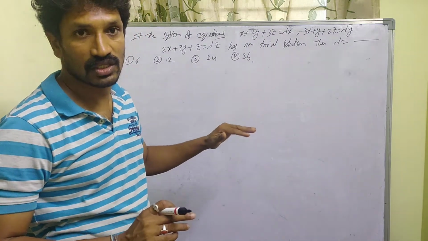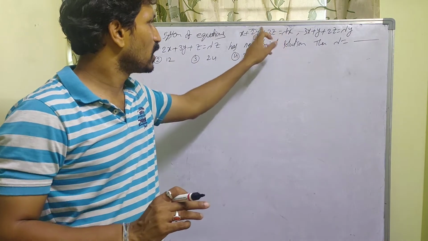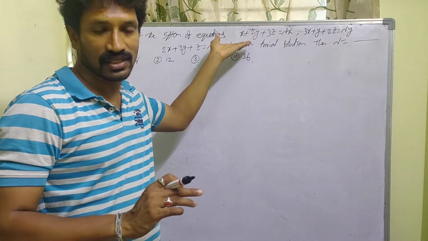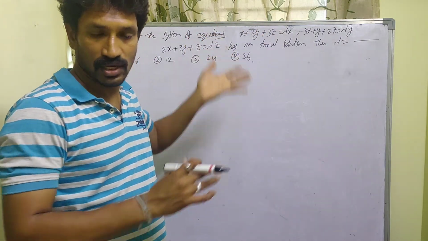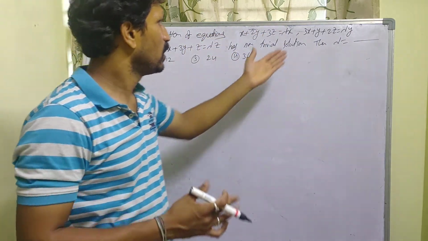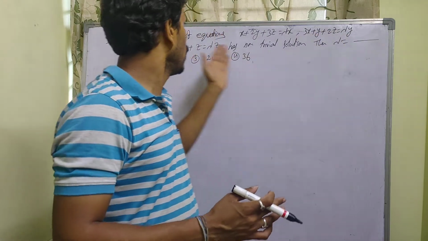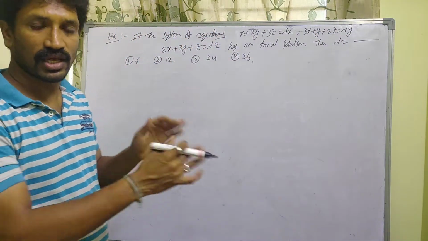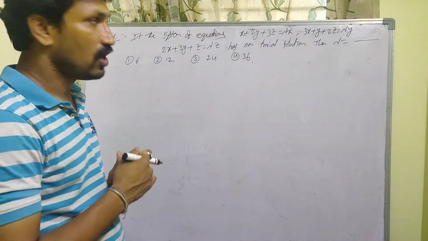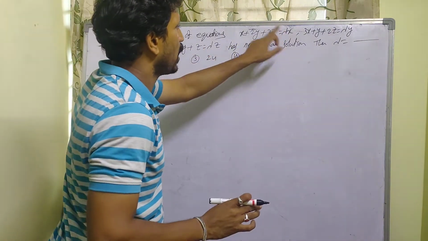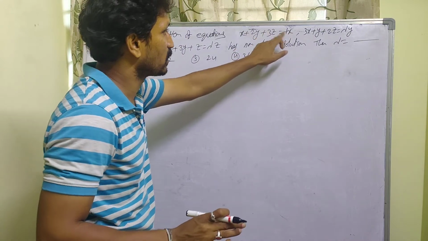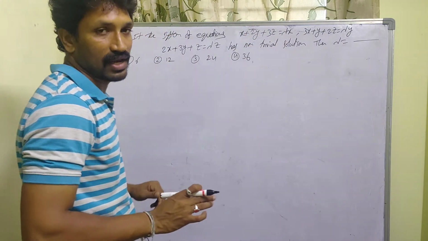When you get homogeneous equations, if you consider the like terms together, x and lambda x, y and lambda y, z and lambda z, then you can understand it is homogeneous equations only. So if you transpose lambda x to this side and take x common, you get 1 minus lambda.